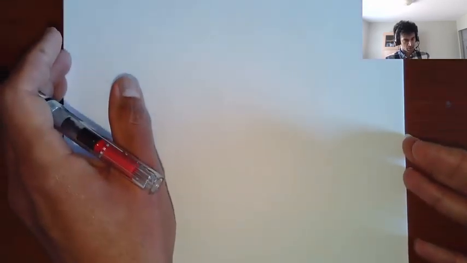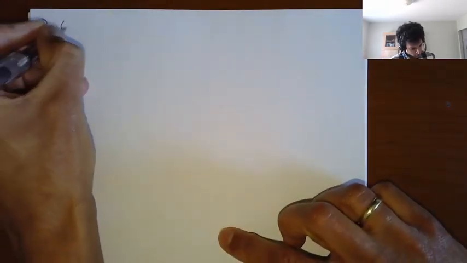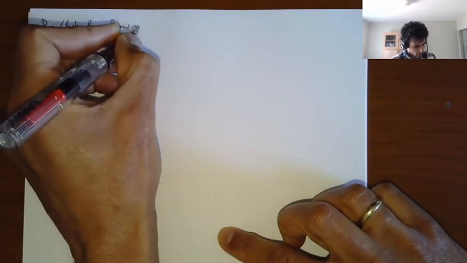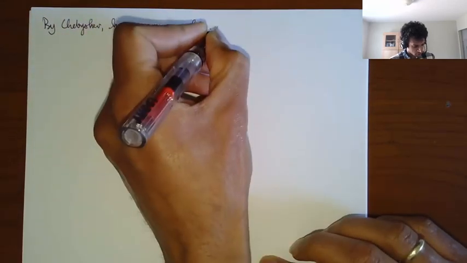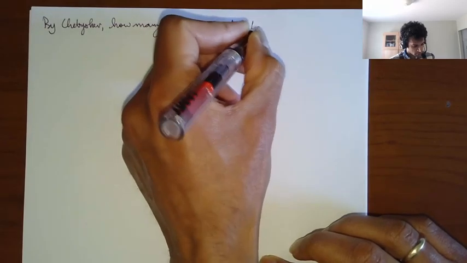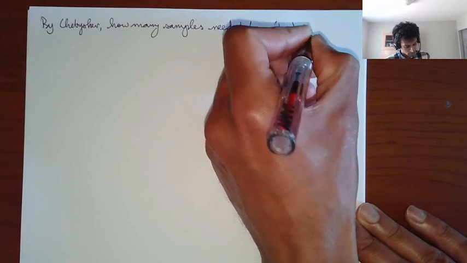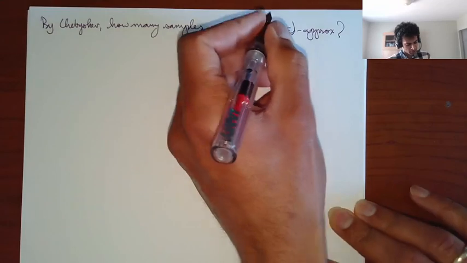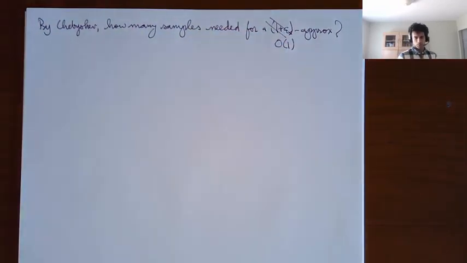This is a calculation that we have seen multiple times in the course, but let me just repeat it. So by Chebyshev, how many samples are needed for, let's say, a 1 plus epsilon approximation, or even an O of 1 approximation, just to get anything?